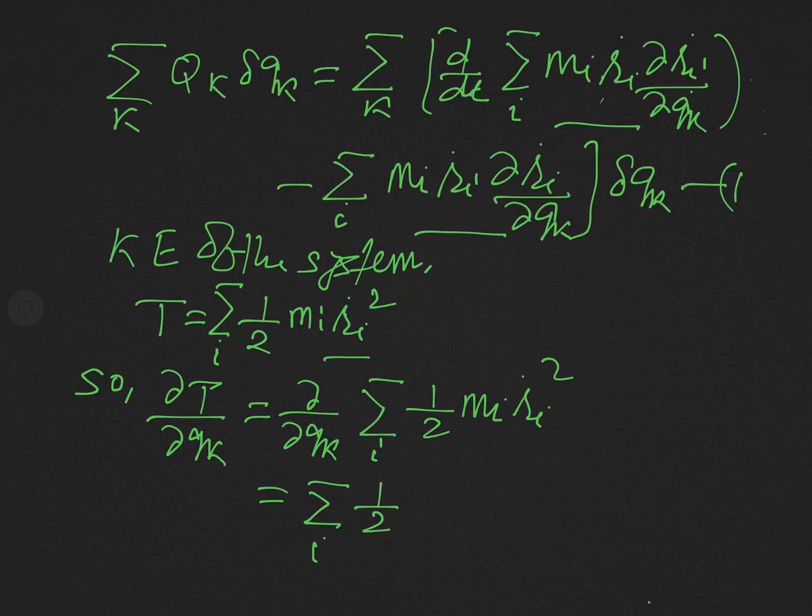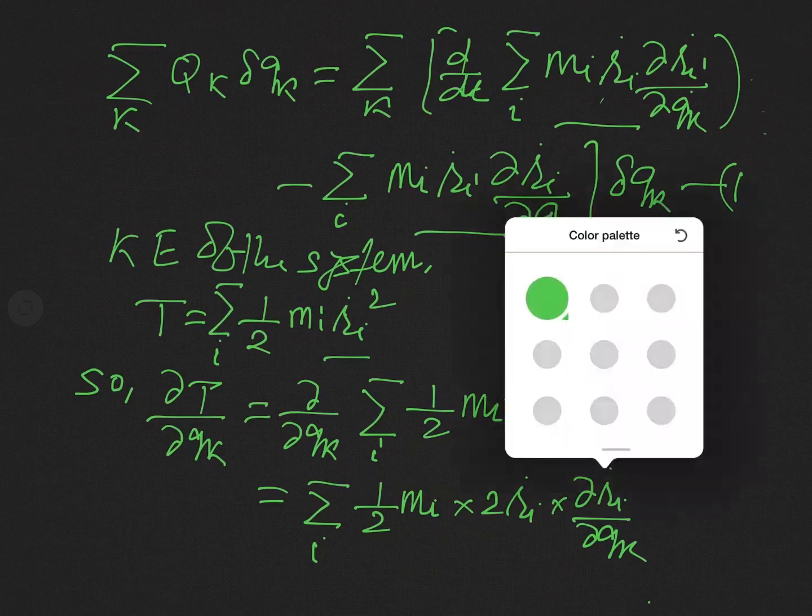Now we differentiate ri dot square, first with respect to ri dot, which gives 2 ri dot, times ri dot differentiated with respect to qk, which is del ri dot by del qk.